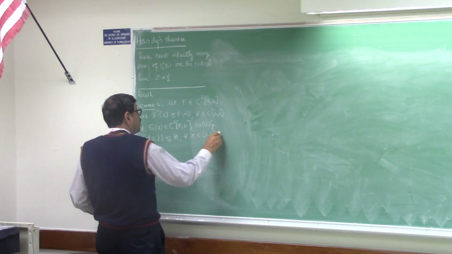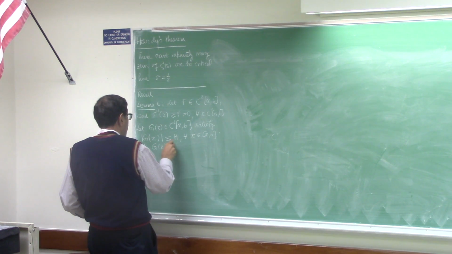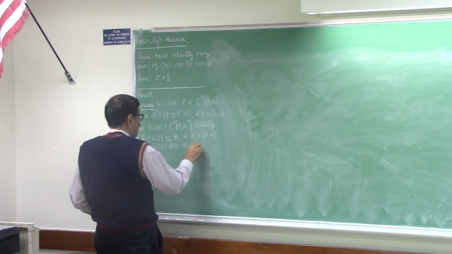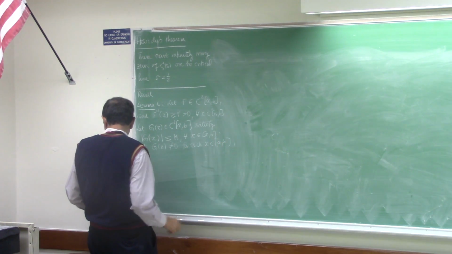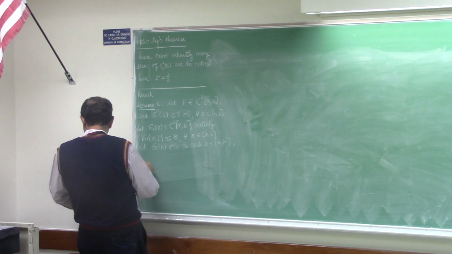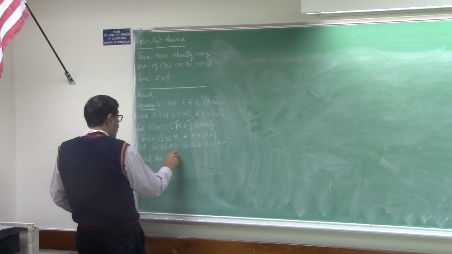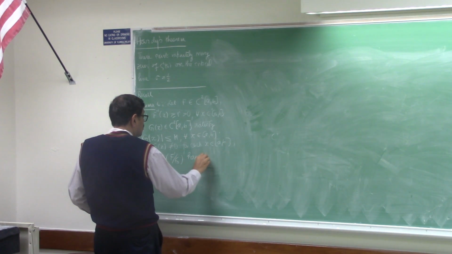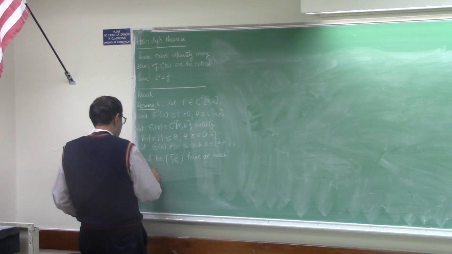Okay. Let g be non-zero, because I'm going to have to divide by g. Non-zero for all x, for each x. And let f prime divided by g prime have at most q zeros, q distinct zeros.